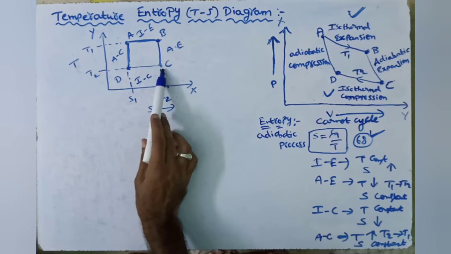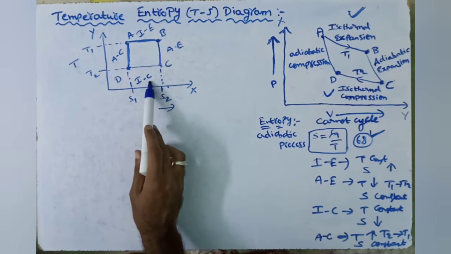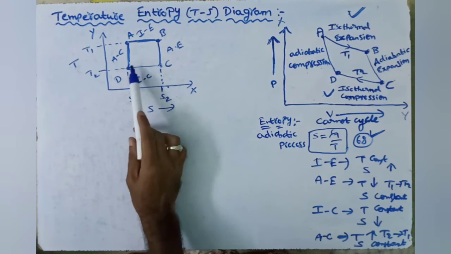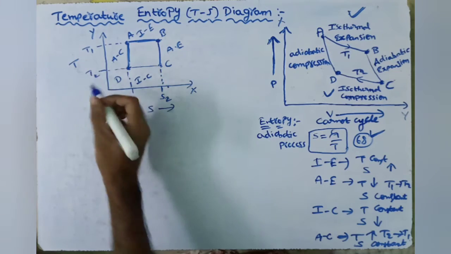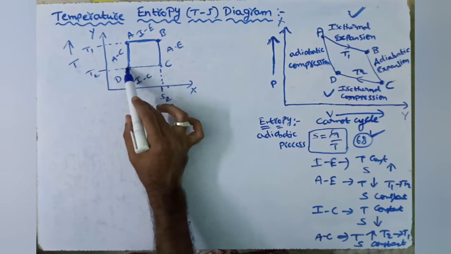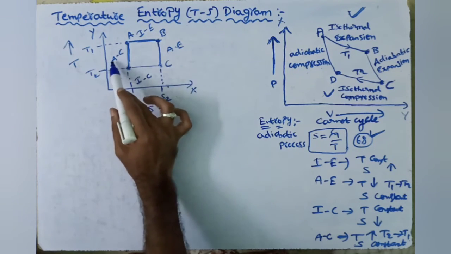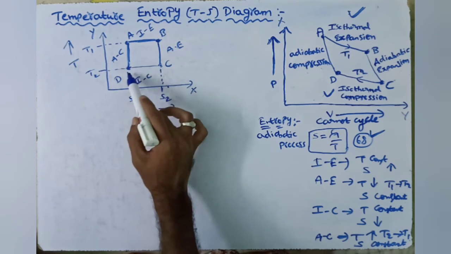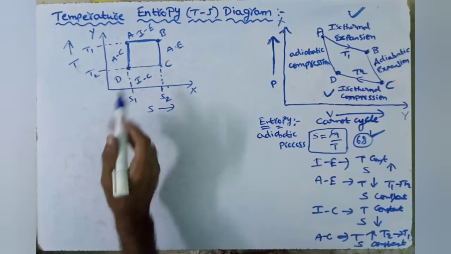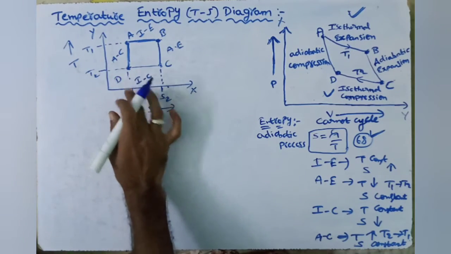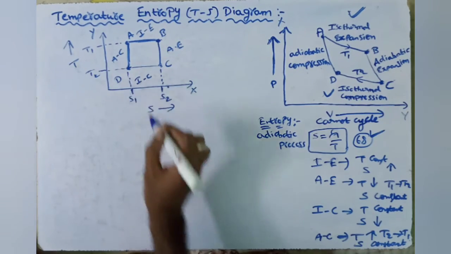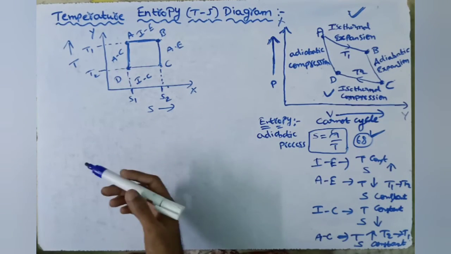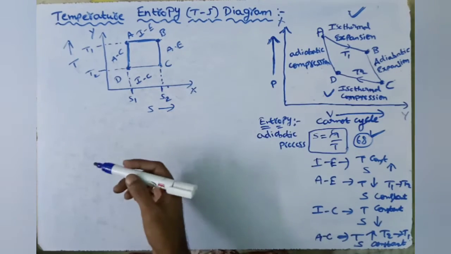The line DC represents isothermal compression where entropy is changing from S2 to S1 and temperature is constant. The line DA represents adiabatic compression where temperature is increasing from T2 to T1 and entropy is constant. This is the temperature and entropy graph, which is called the temperature and entropy diagram.